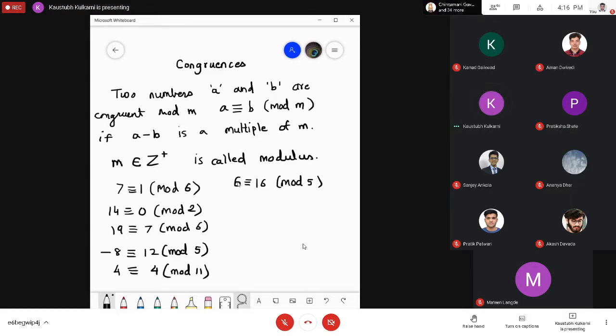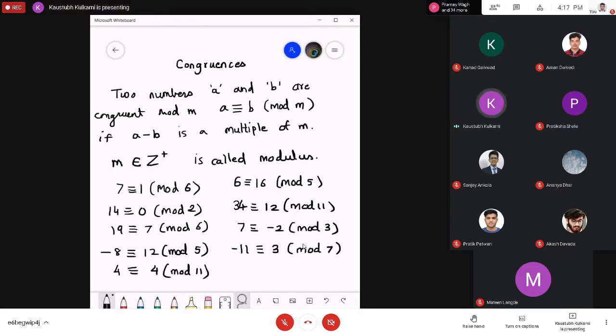In all these cases, you can see that the LHS minus the number on RHS is a multiple of the modulus, that you can mentally verify. So I'll wait for a minute.